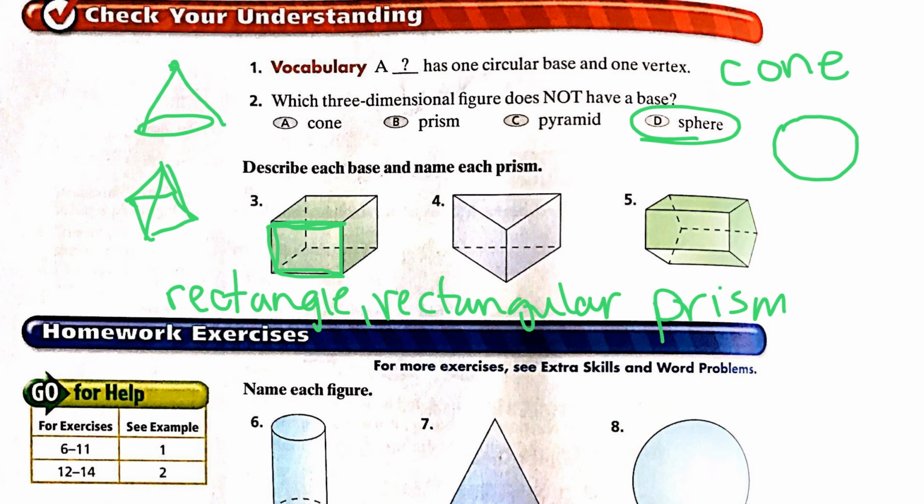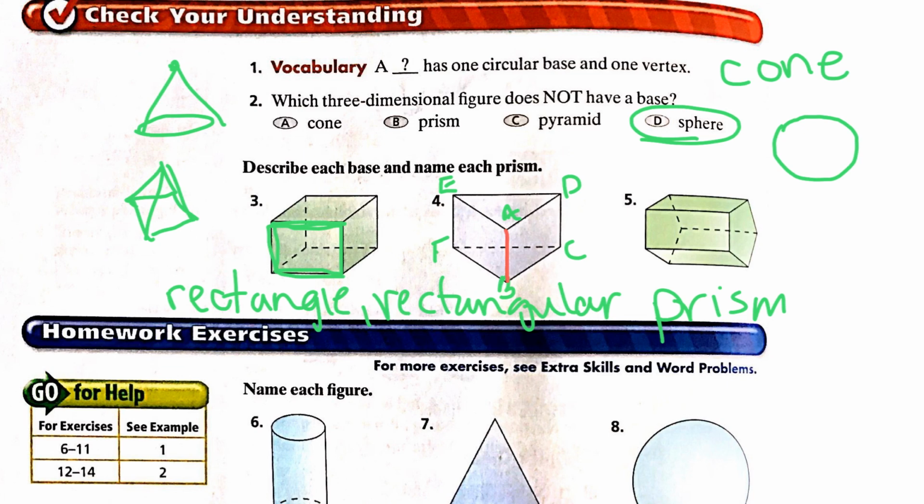The second page is going to have you name each line. So for example, this might be figure A down to B, C, D, E, and F. And so it might say what lines connect with line AB.